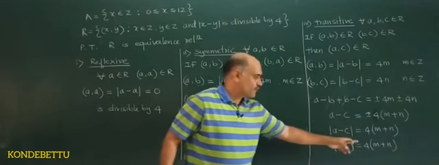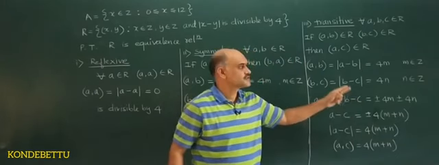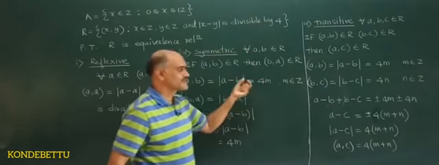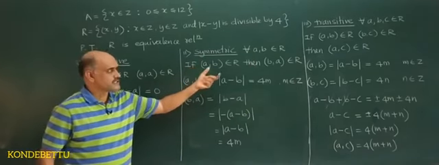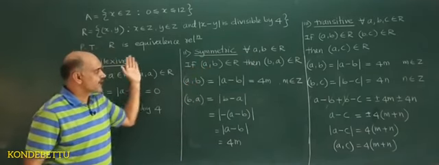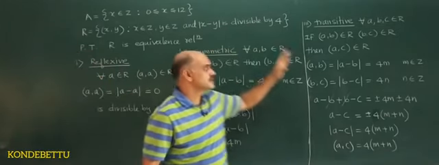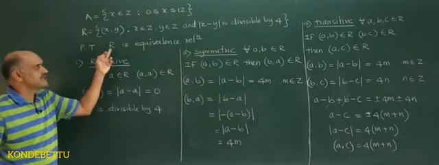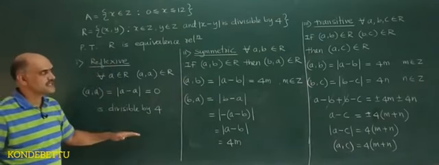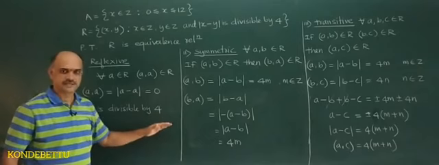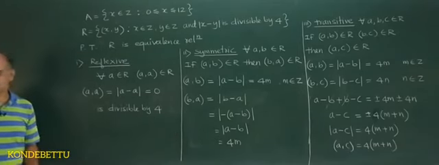So you are having 4 over here, which means it is divisible by 4. So it is divisible by 4 means it is a transitive relation. So as the relation is reflexive, symmetric, transitive, the given relation is an equivalence relation. So again students, pause and solve this problem. We'll go for the next one.